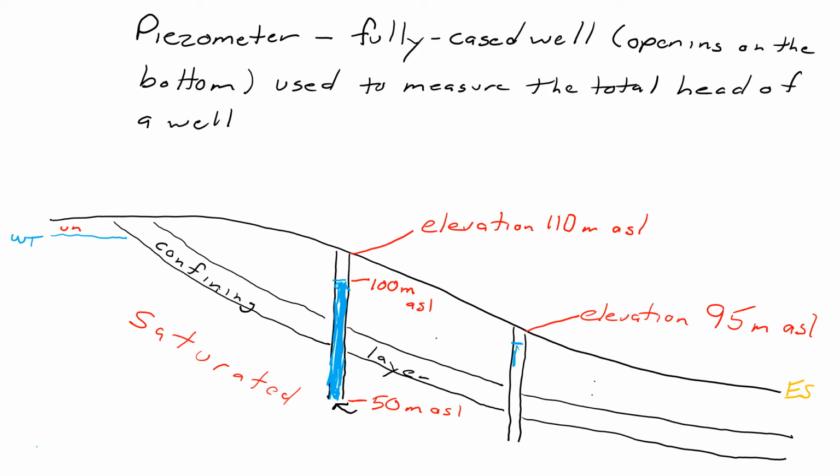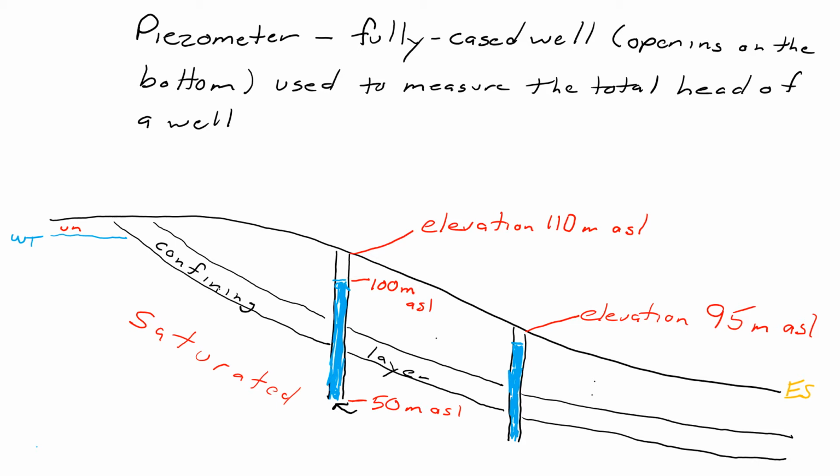Okay, now for the second well. The second well comes really close to the Earth's surface, but doesn't quite reach it. We talked about different types of wells a couple weeks ago. Both of these are artesian wells. They reach above the confining layer, but neither are what we call flowing wells.